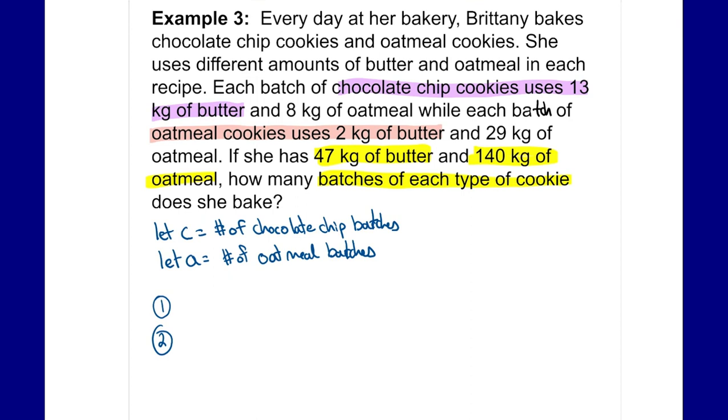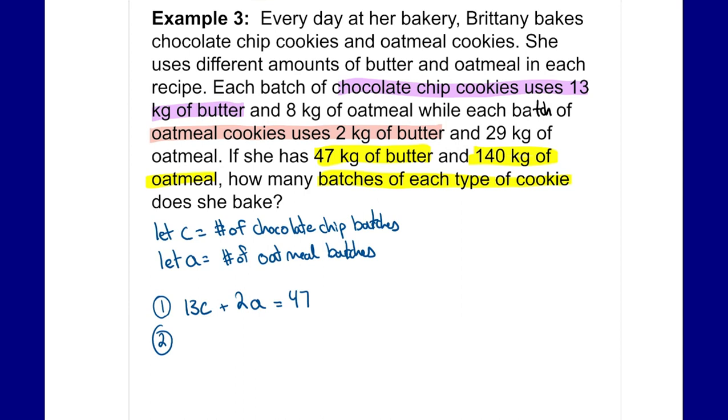So I can come up with an equation for that, because if I know the number of batches for chocolate chip, I'm going to multiply that by 13 to tell me how much butter was used for the chocolate chip cookies. Same thing for the oatmeal cookies. 13 times C, and 2 times A for the oatmeal has to work out to 47, how much butter we used.